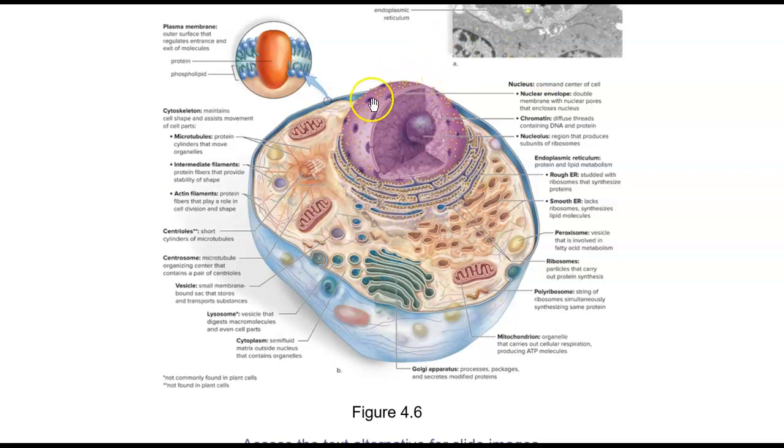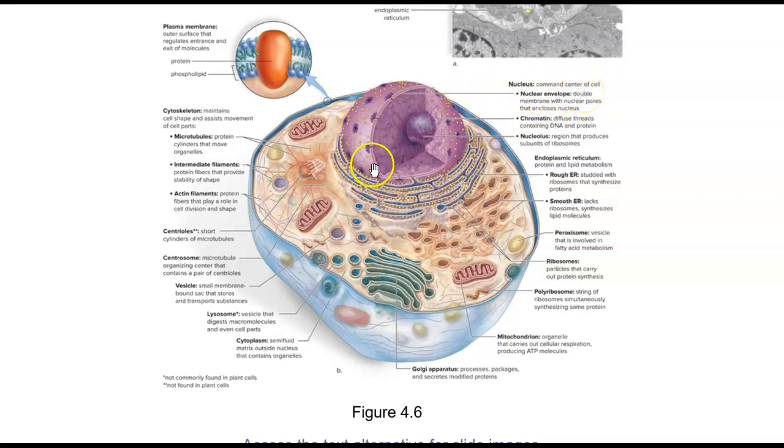First, we have the nucleus. The nucleus is going to be the largest structure. Now, the nucleus is the big purple structure, although there is another spherical structure inside the nucleus that you see here called the nucleolus. But the nucleus itself is the structure that houses the DNA. It is the command center or the control center of the cell.